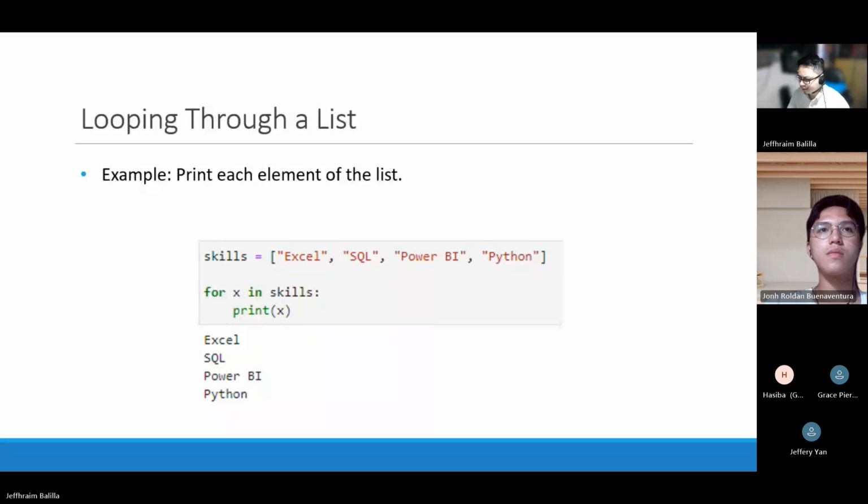Through the brackets? Square brackets, exactly. So that is correct. Skills here is a list, okay?